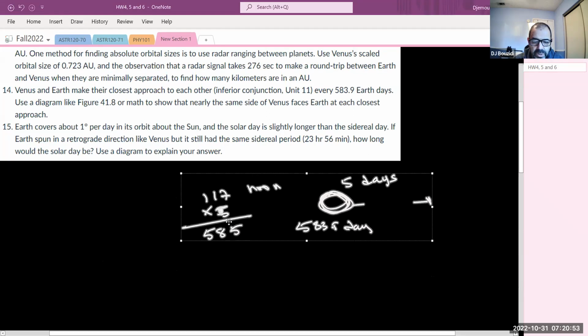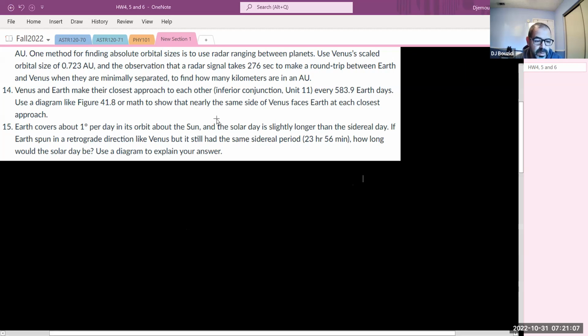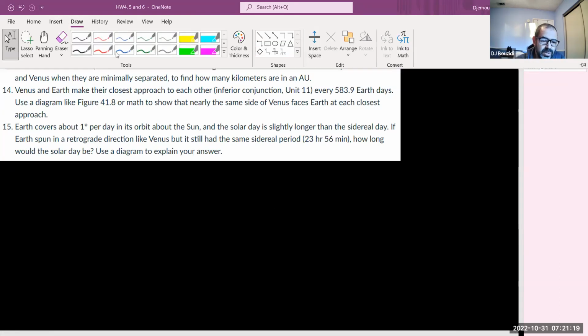It's just the ratio of 585, or 583 to be more specific. 583.5 divided by 117 is going to be 4.999 something. So practically it's 5. That's why they're multiplied by 5. Earth covers about 1 degree per day, and that is because Earth takes about 365 days to go around the sun, whereas the circle has 360 degrees.